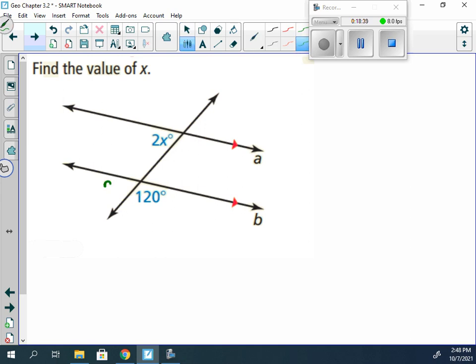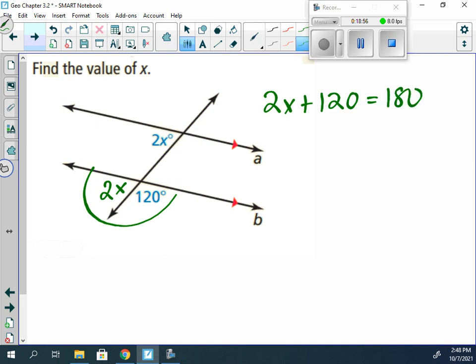But I do know that these two x's here are corresponding, so they would be congruent. And it shows me that these two here make a straight line. So these two angles should add together to be 180.